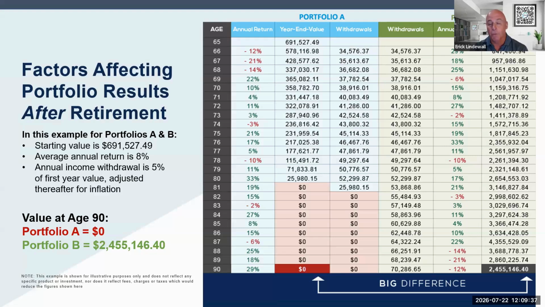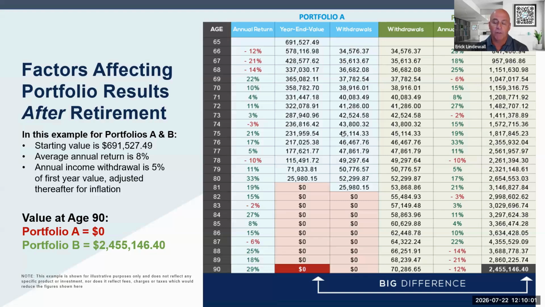So although the returns were better after the first 3 years, the damage done in the first 3 years by taking a withdrawal from the portfolio while the market was also taking a withdrawal was irreversible. And you will notice this particular client, by age 80, was completely out of money.